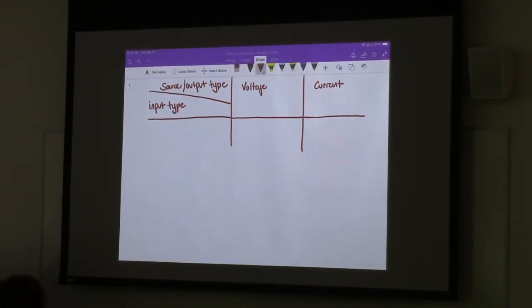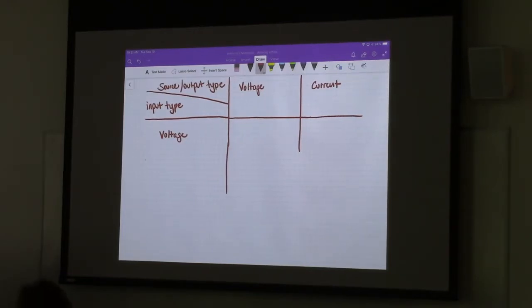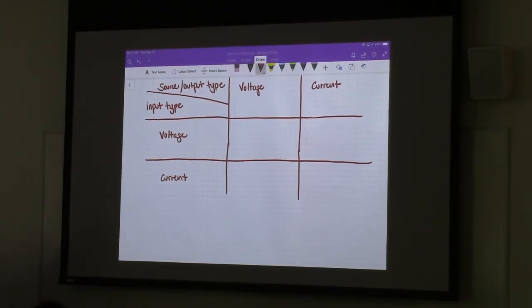And then as far as inputs, we'll also have voltage, and we'll have current. Okay, so what are these going to be called? This is what we call a voltage-controlled voltage source, VCVS.